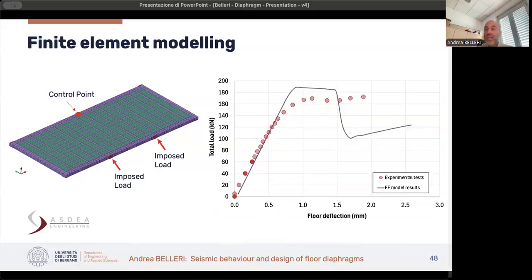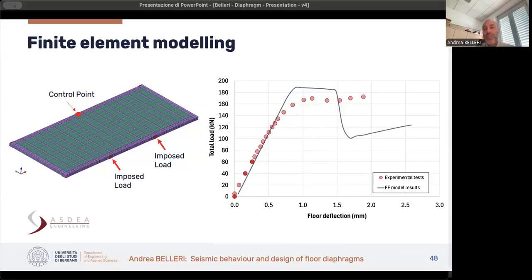Here you can see some preliminary results, where you can see in continuous line the finite element model results up to that point of the capacity that I was mentioning before. And with the red circles, you see the experimental test results. So you see that we have a good modeling of the capacity.